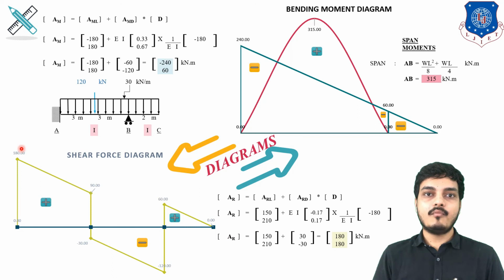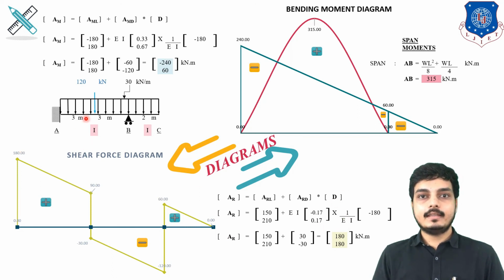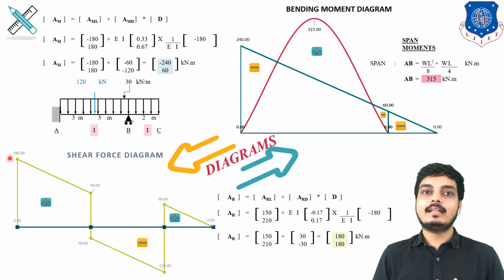Now here upward 180 has come, and then till here UDL is governing. So plus 180 minus 30 into 3, which is 90. So 180 minus 90 we will be reaching 90.